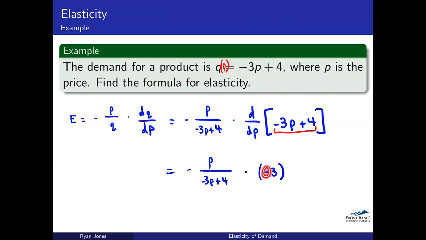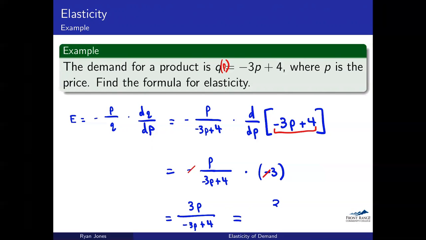You'll notice these negatives cancel right there. So we can kind of mark that, cancel, cancel. And so we end up with 3P, let's put this in blue, 3P over negative 3P plus 4.